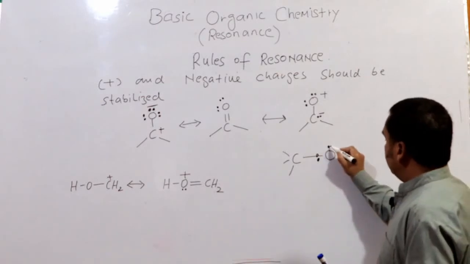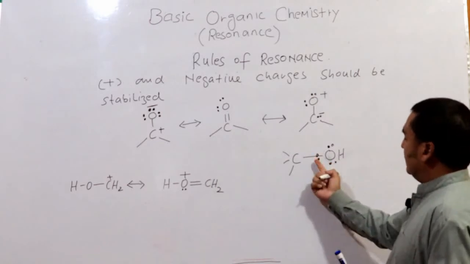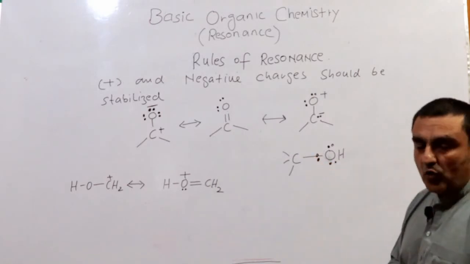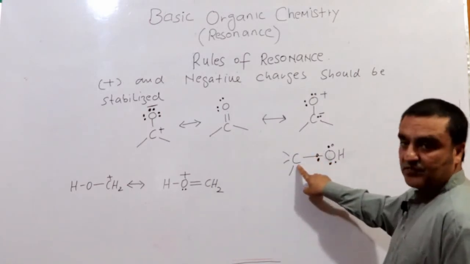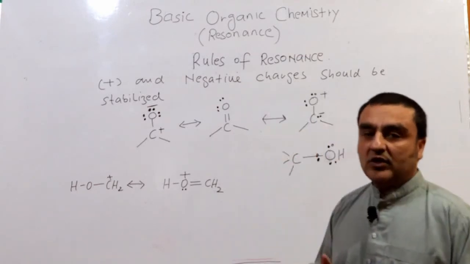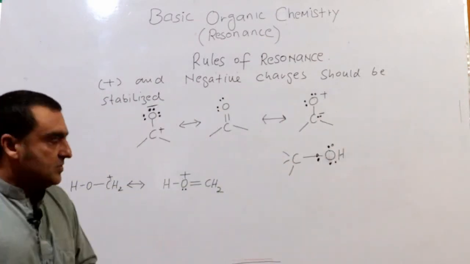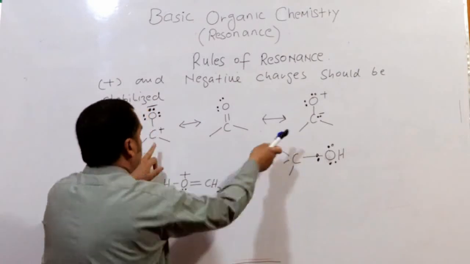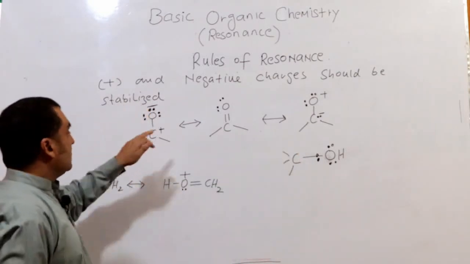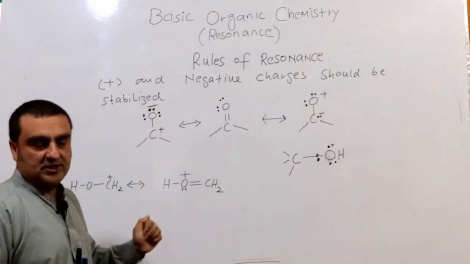It attracts the bonding electrons, so the bonding electrons are farther from carbon and very near to the oxygen. In this structure it is okay. When we compare both of them, this is good, because the oxygen likes electrons and you placed electrons on the oxygen.